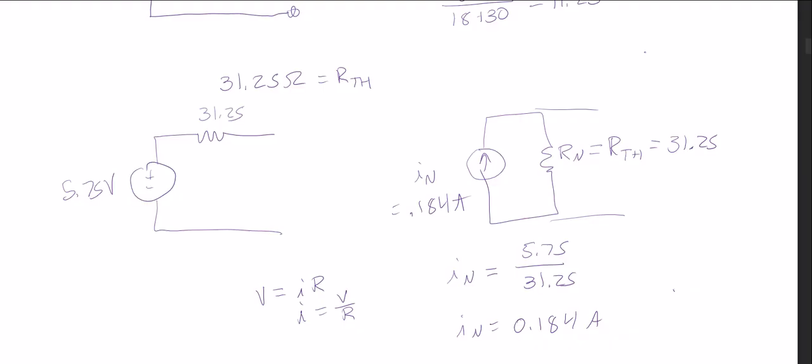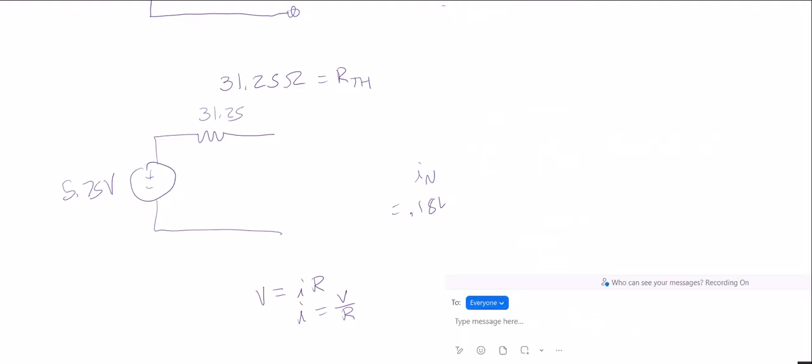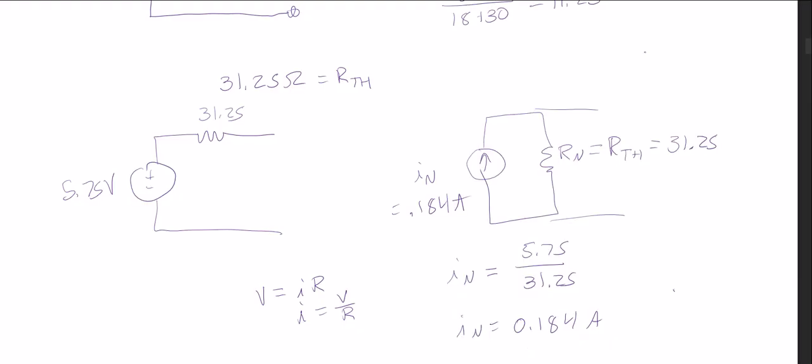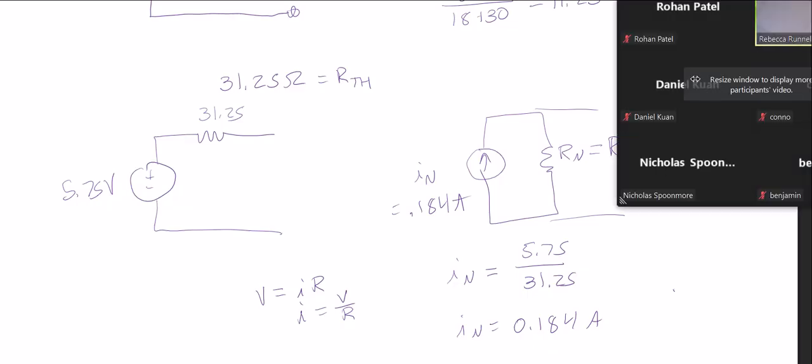Okay, questions on this? Any questions from y'all out in the world? Yes. So if you go 5.75, you get that from B2? 20.